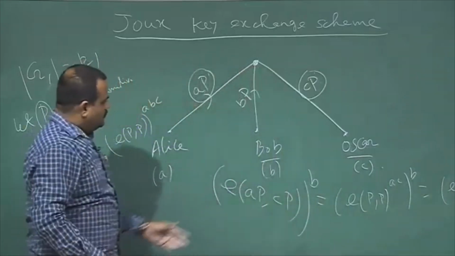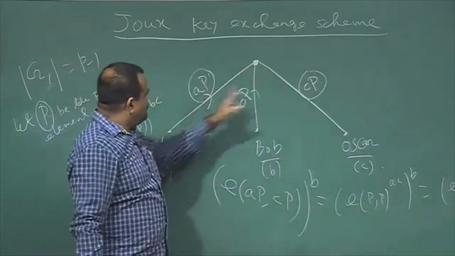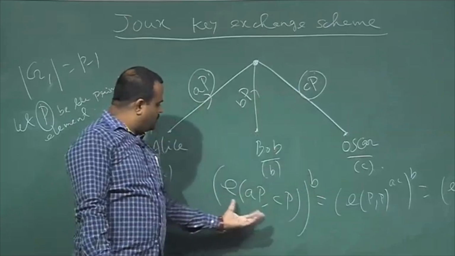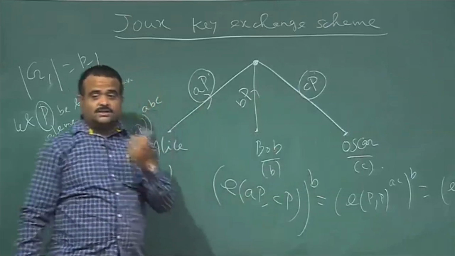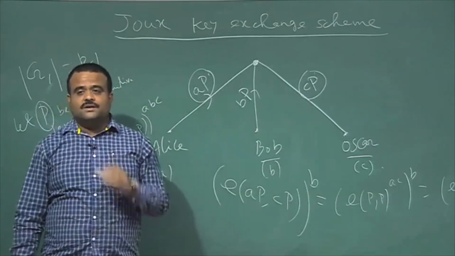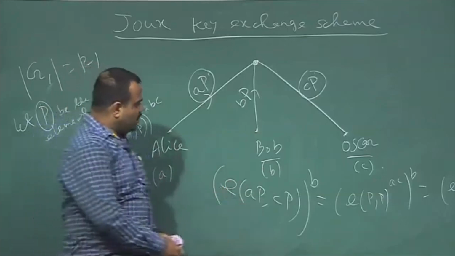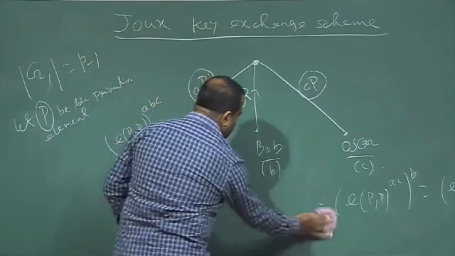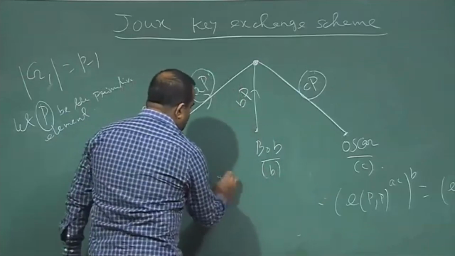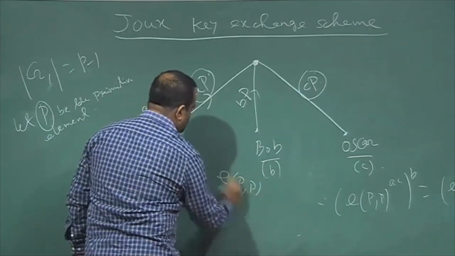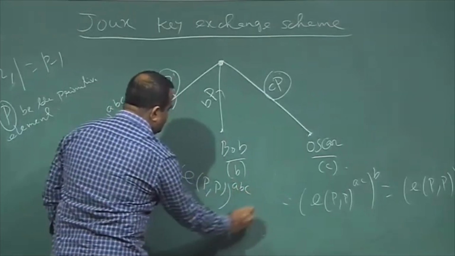Bob just computes this function, which is why this function should be computationally efficient, otherwise there is no question of computing it. So Bob also agrees on e(P,P) to the power abc.